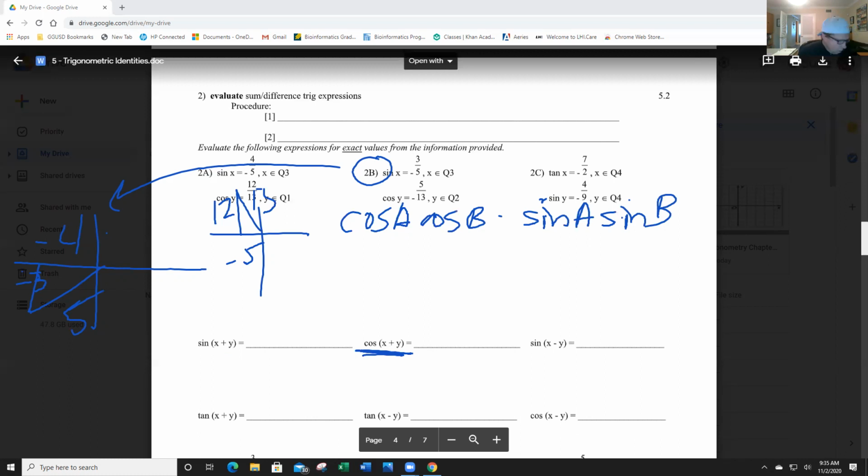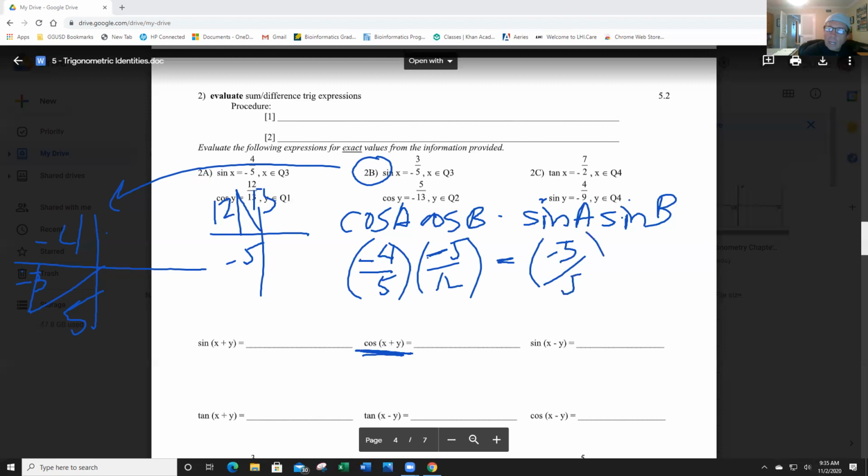All right, so let's take our drawings here and crank this out. We're going to do cosine of A, -4/5 times -5/12, minus -3/5 times 12/13.